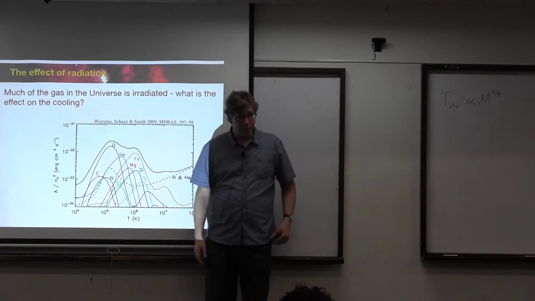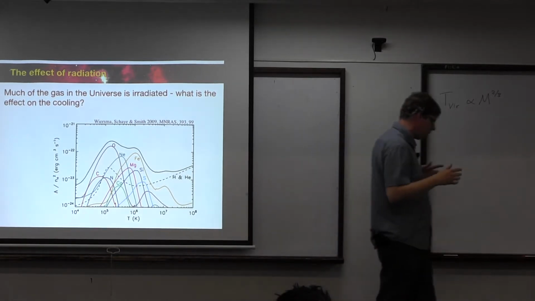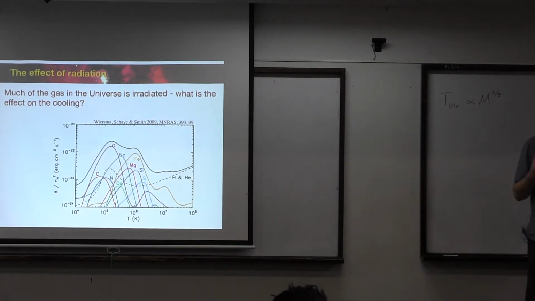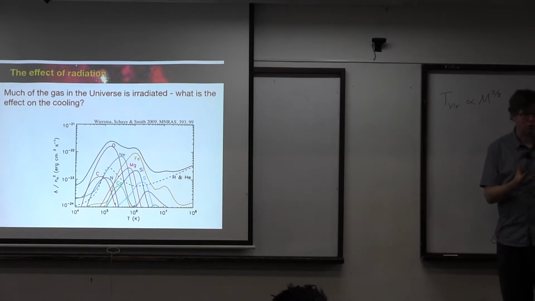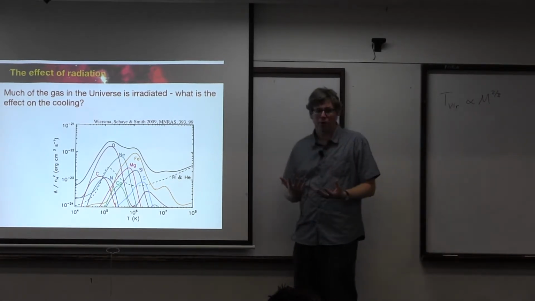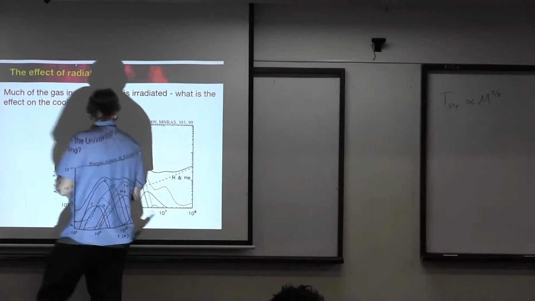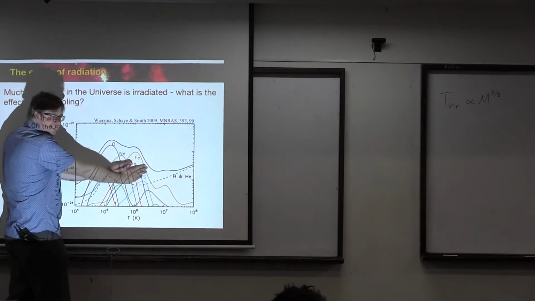Now, if I had taken something more energetic, and I don't have a picture of that, an active galactic nucleus, a black hole, the center of a quasar, and I put that in, that has a lot more ultraviolet photons at much higher energies. What this would do is basically wash away a lot of these.